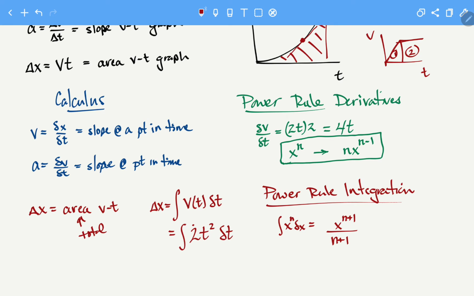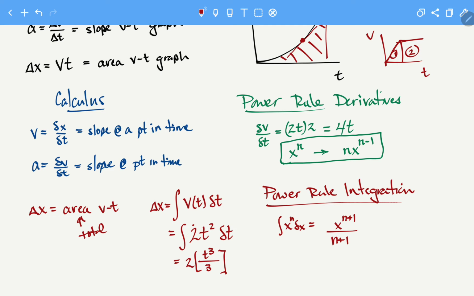So if we apply that over here, I'm going to pull the 2 out because it's a constant. You pull all your constants out, and then I've got t squared. Okay, so x is my t, n is my number 2, so I'm really going to have 2 times x to the n plus 1, so that's t to the third, divided by n plus 1, so divided by 3.